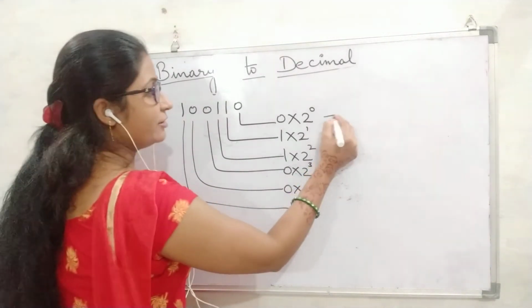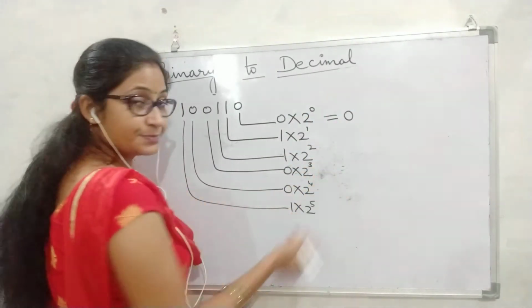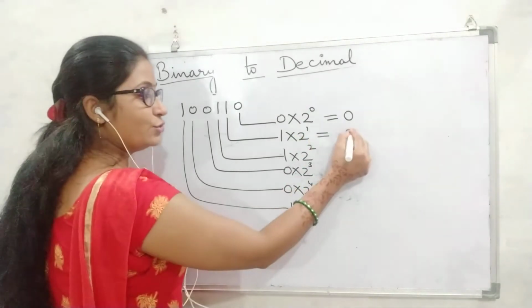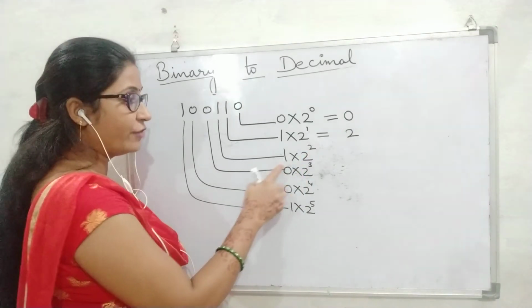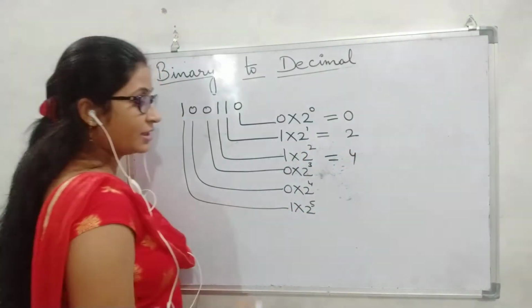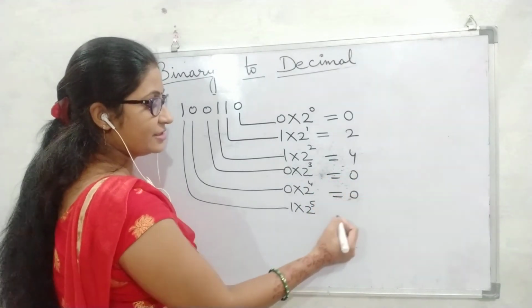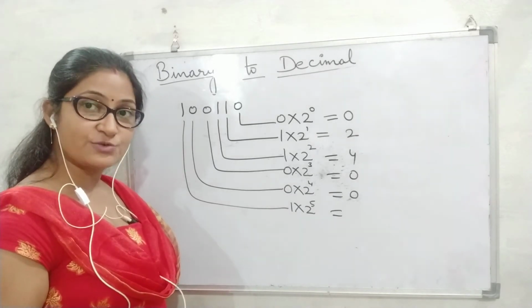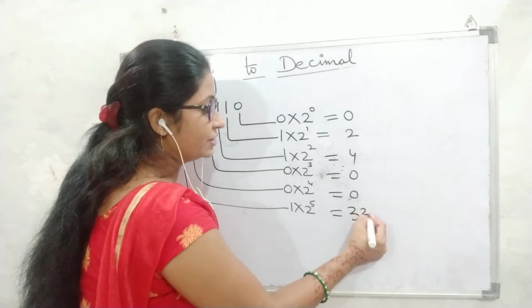Now let's solve this. So 0 multiplied by any number gives you a 0. 2 raised to the power 1, that means 2 ones are 2 you get here. 2 square is 4 and 4 ones are 4. Again 0 multiplied, so gives 0. Here also it gives 0. And 2 raised to the power 5. So 2 2s are 4, 2s are 8, 2s are 16, 2s are 32. 2 raised to the power 5 gives you 32.